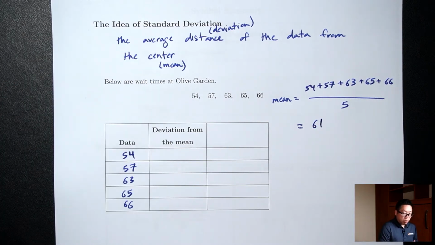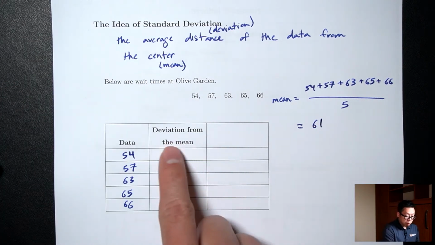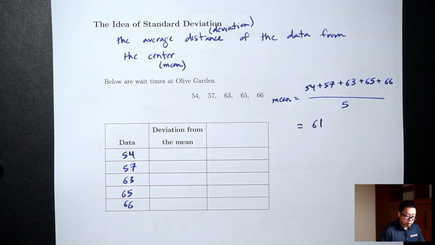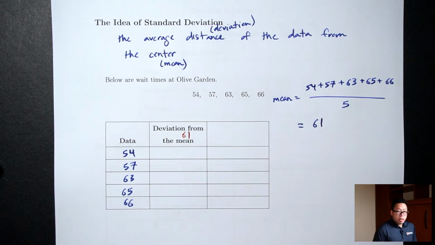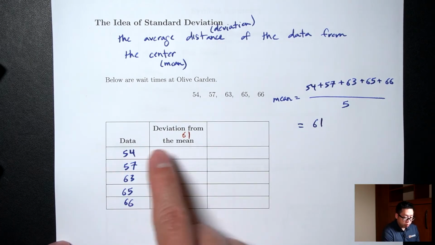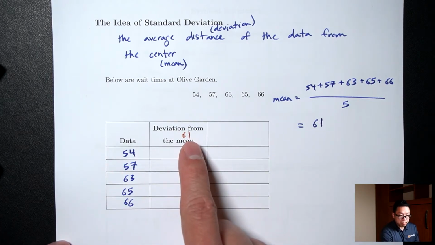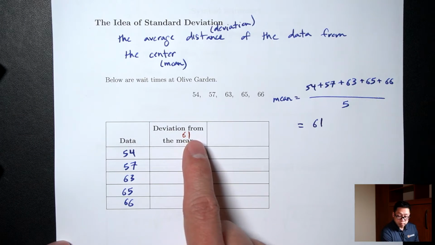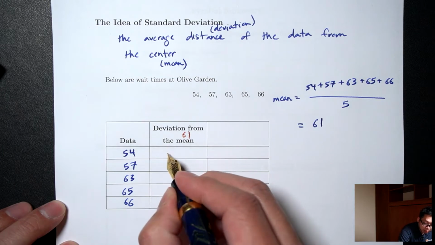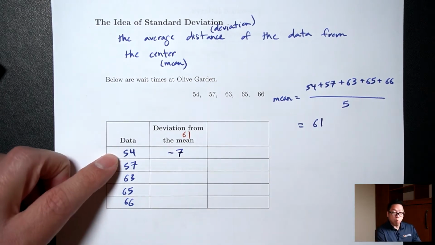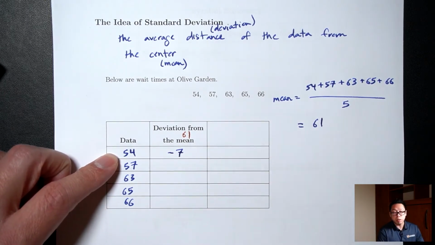Okay, so now I want to find the distances from 61, because 61 is our mean. How far is 54 from 61? It's 7 away, and I'm going to write it as negative 7, to indicate that 54 is 7 below 61.